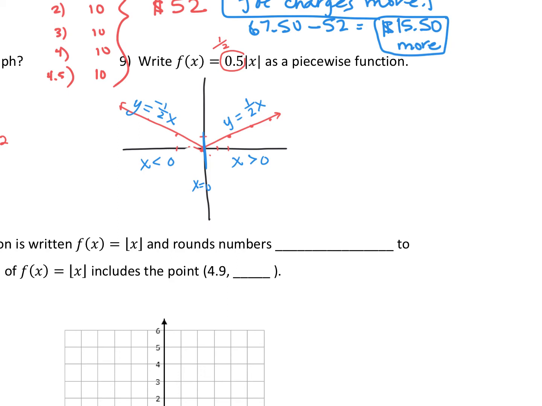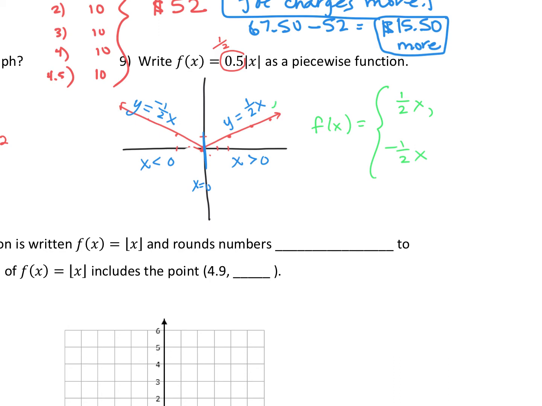All right, now to put this together as a piecewise function, I'm just going to say f of x equals, we have our two lines. First we came up with the 1/2 x, and then we came up with a negative 1/2 x. So here's this line 1/2 x, here's this line negative 1/2 x. But we don't want the whole line, we only want a piece.